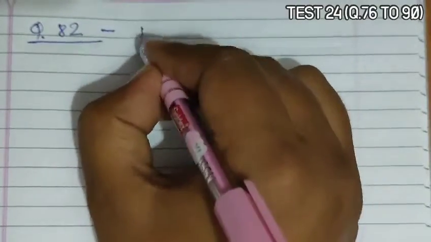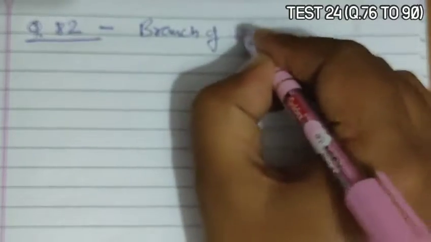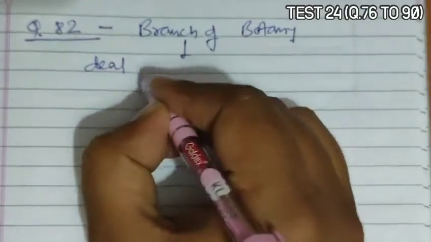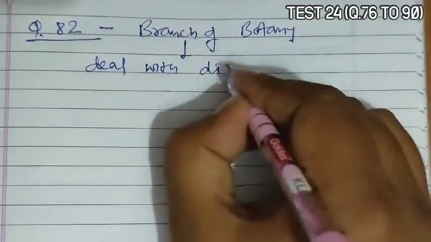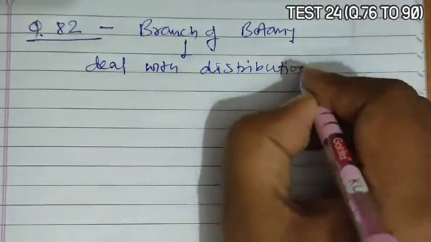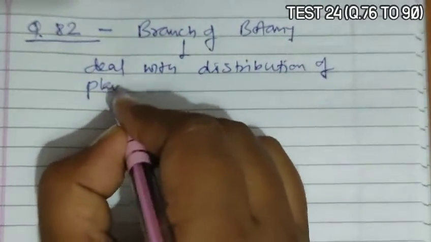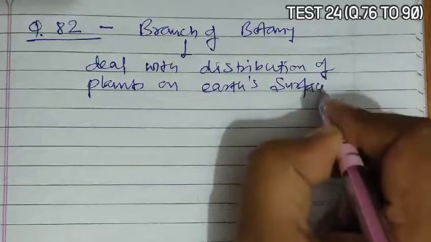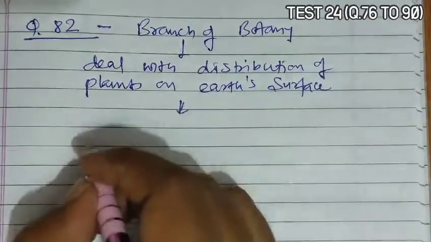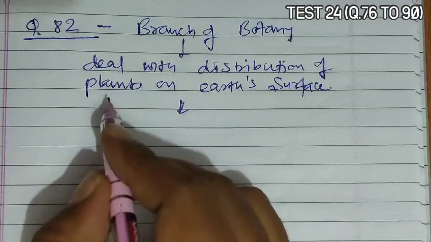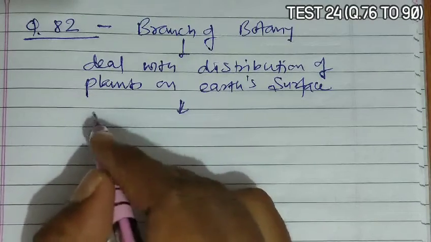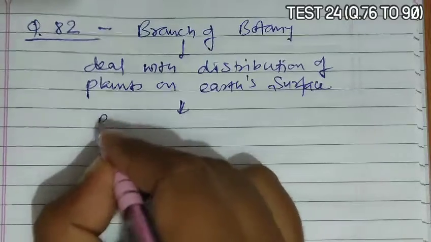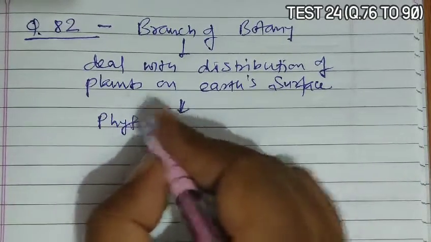Question 82 asks about the branch of botany which deals with the distribution of plants on the earth's surface. That branch is known as phytogeography.